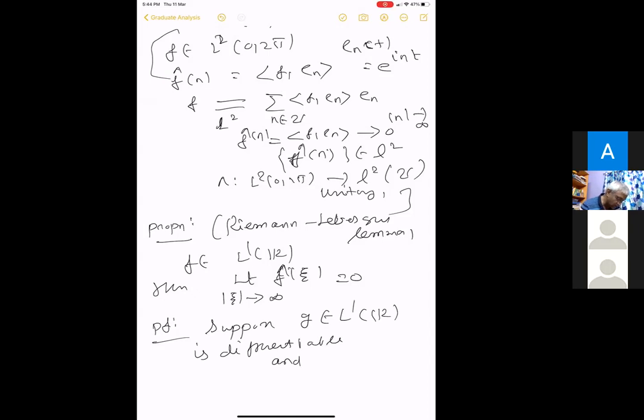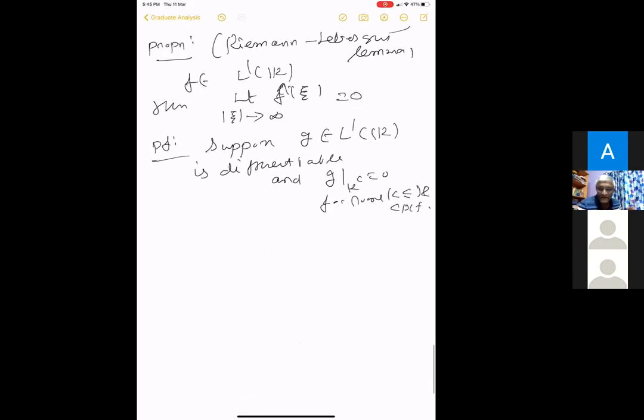That is, g restricted to K complement is 0 for some compact K. Outside a closed, finite interval, it is 0.